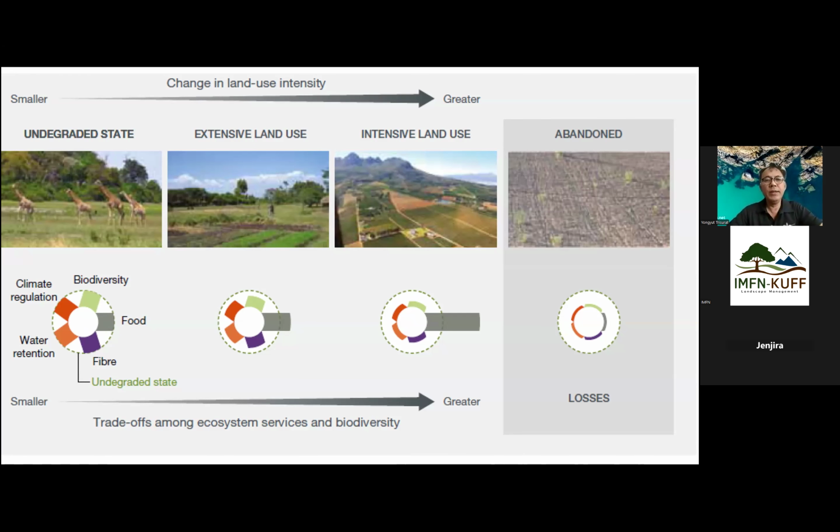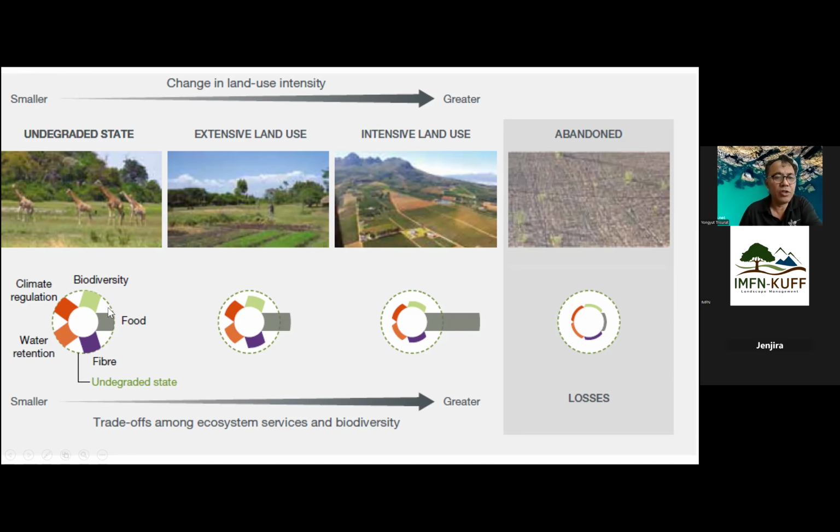If you see this picture, it shows the evolution of land degradation. We start with the wilderness area, when there is limited use of natural resources, either for crops or for construction. This is called the undegraded state.